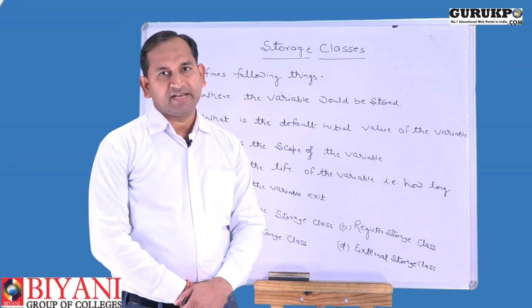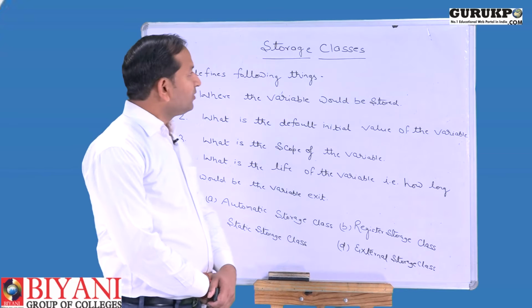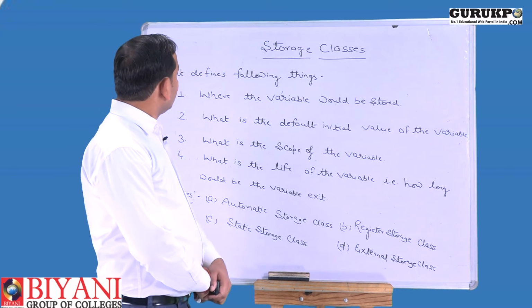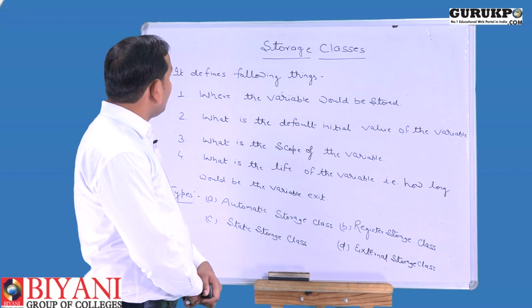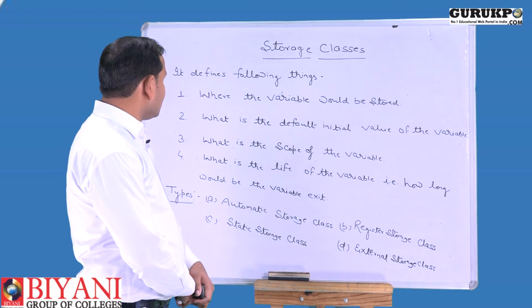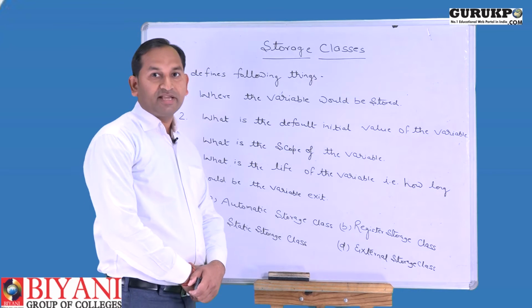Today I deliver a lecture on storage classes in C programming. This is one of the most important topics of C programming. Actually, storage classes define four things. First, where the variable would be stored. Second key point, what is the default initial value of the variable. Every variable has a default value.